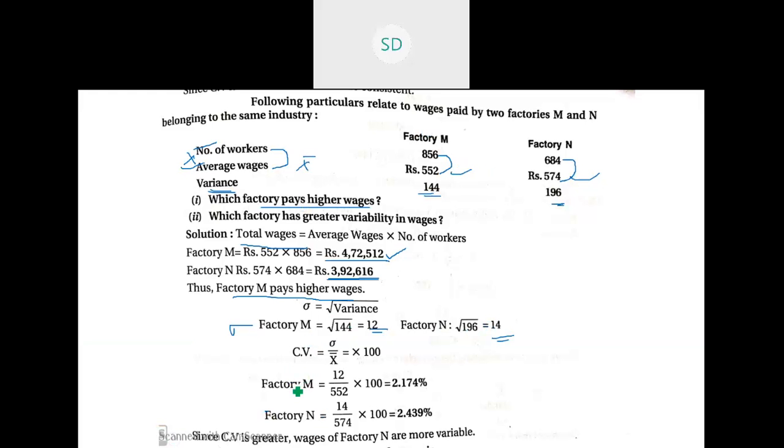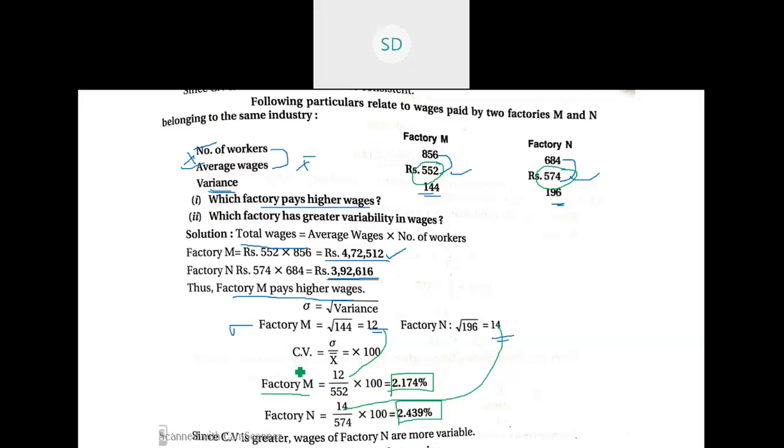In coefficient of variation, for factory M we consider standard deviation 12 divided by arithmetic mean 552. For factory N, 14 is the standard deviation and 574 is the arithmetic mean. The CV for factory M is 2.174% and for factory N it is 2.439%.